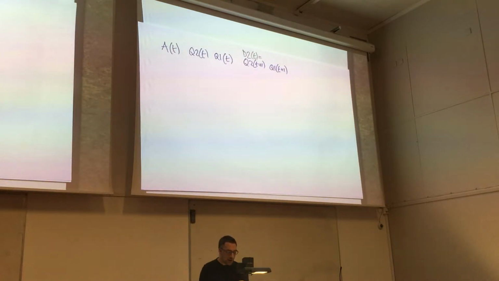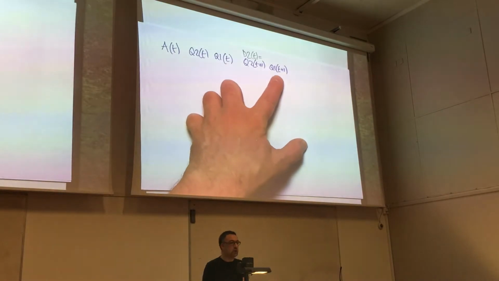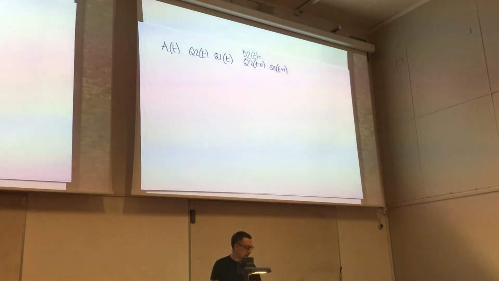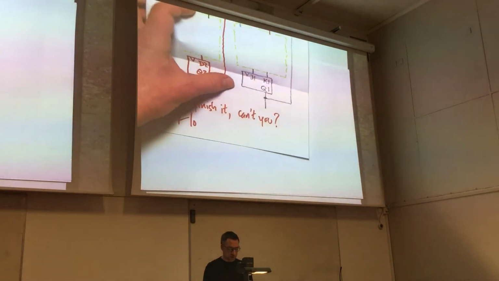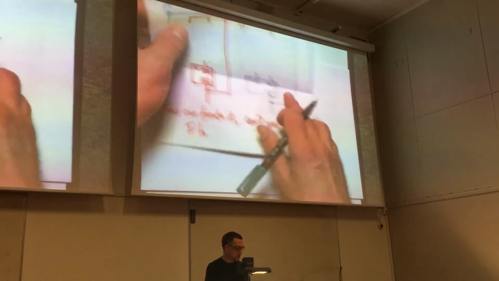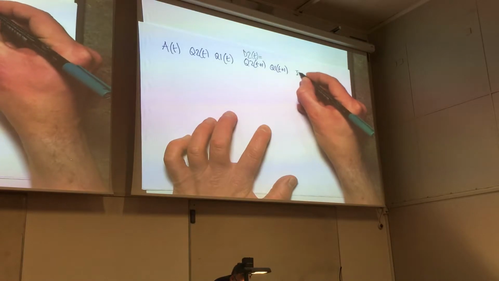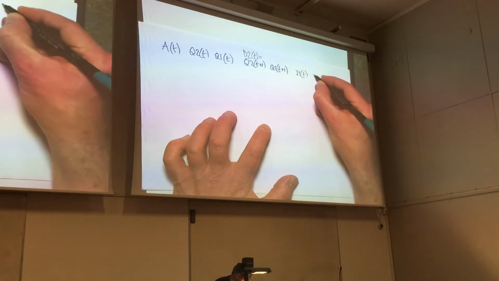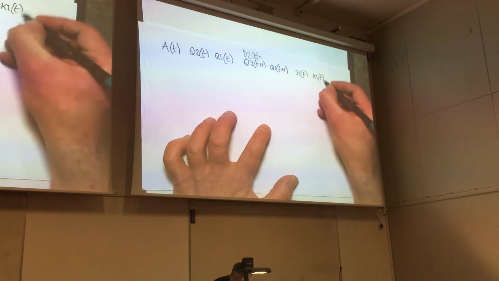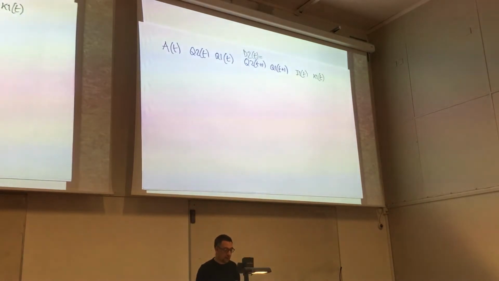However, for Q1 of t plus 1, that's going to be controlled by these J and K signals. So we're going to have to figure out what they are. Let's have columns for them as well. So that's J1 of t and K1 of t. Okay, and we'll figure them out in a moment. Alright, so let's get cranking.